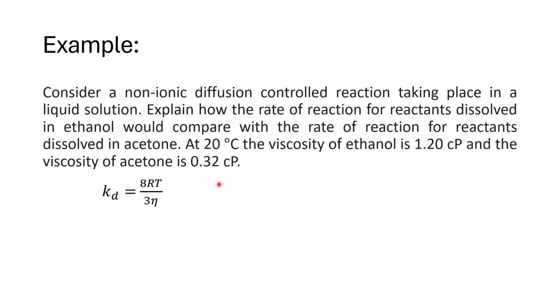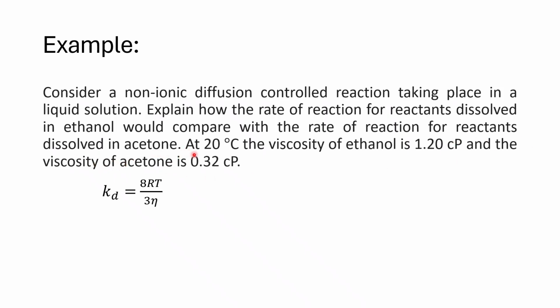It's one example to determine the effect on the rate of these reactions if the reactions are conducted in different solvents. So consider a non-ionic diffusion control reaction taking place in a liquid solution. Explain how the rate of the reaction for the reactants dissolved in ethanol would compare with the rate of the reaction for reactants dissolved in acetone.